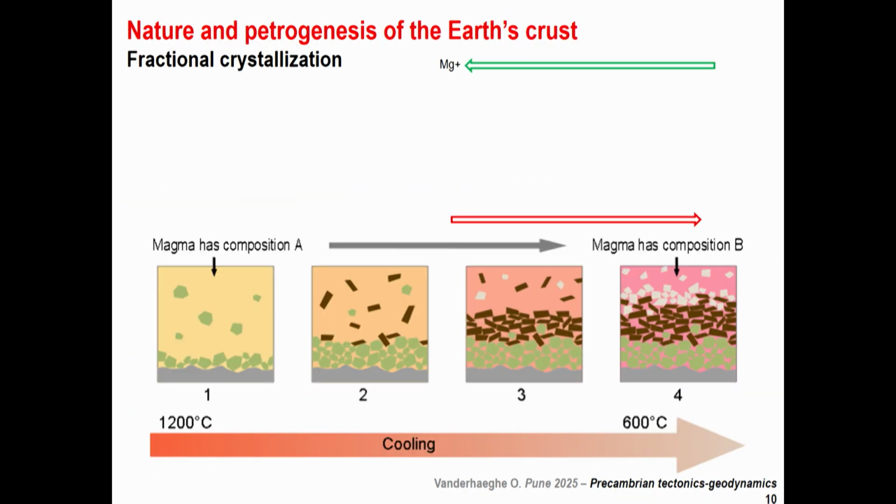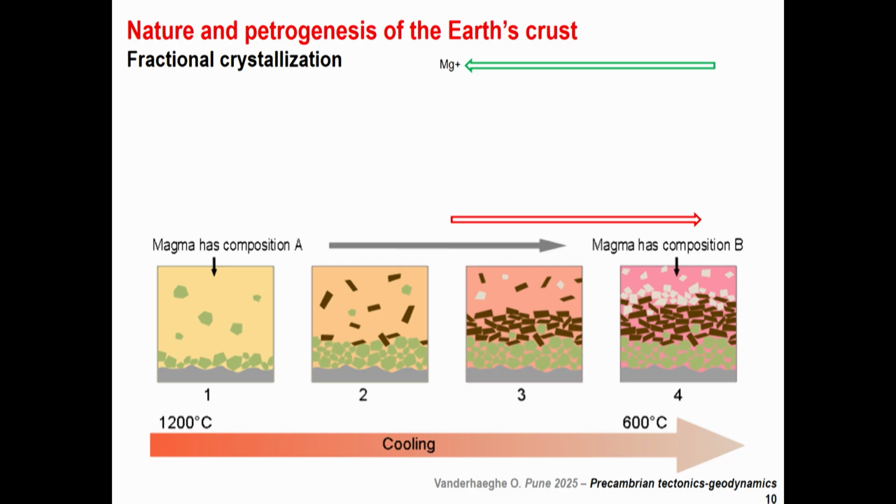And the principle, and we mentioned that yesterday, is that the first crystals that crystallize in a magma don't have the same composition as the average magma. So the elements that are trapped in these first crystals, as the crystals segregate from the magma, will no longer be in the magma.